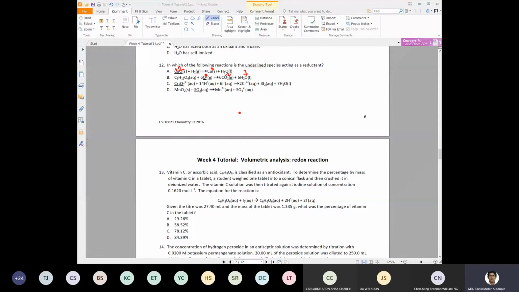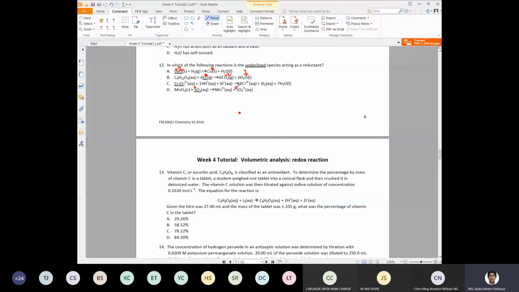For sulfur dioxide, there is no charge, so sulfur has a positive 4 oxidation state, where oxygen is negative 2. But on the product side, sulfur goes from positive 4 to positive 6.